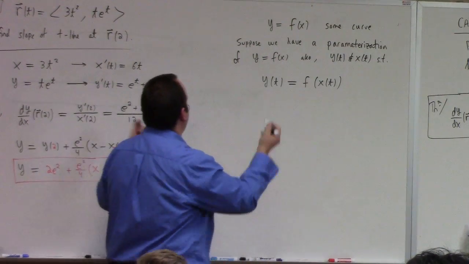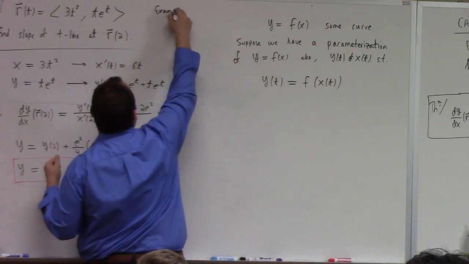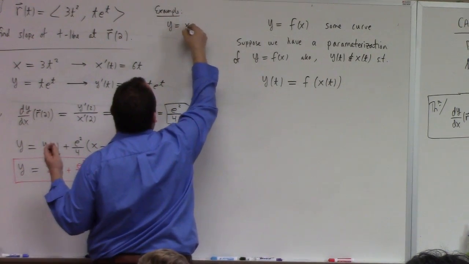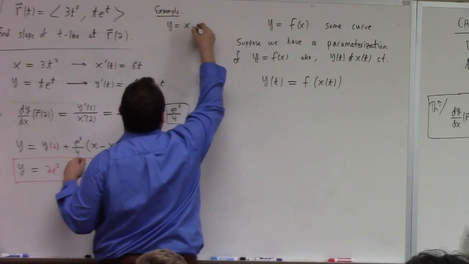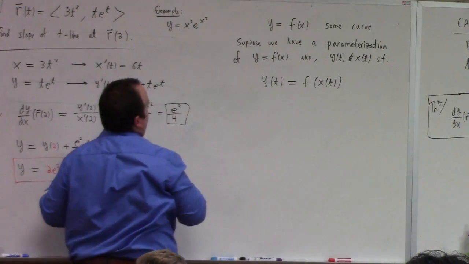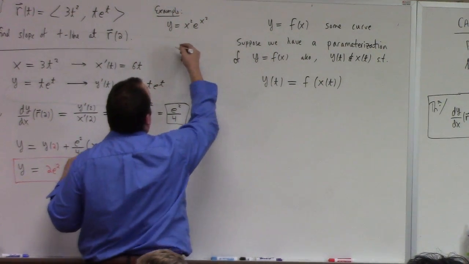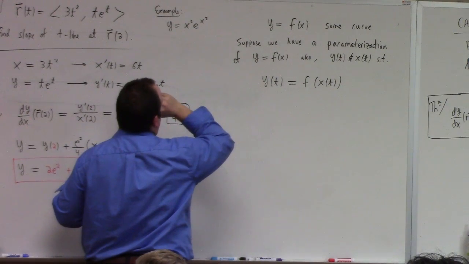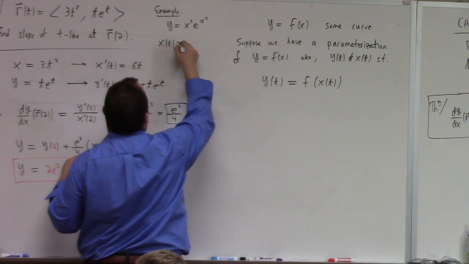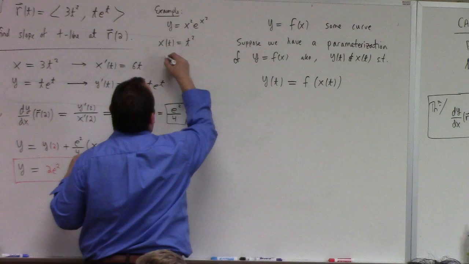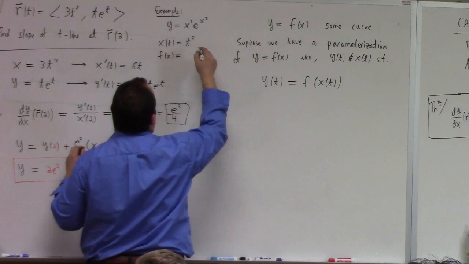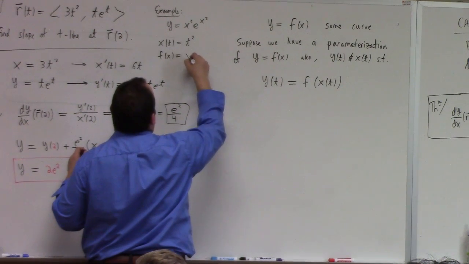Maybe, fine, here's an example of what I'm just saying. If I have y equal to x e to the x squared, I could have x of t be t squared, and I could have f of x be x e to the x.